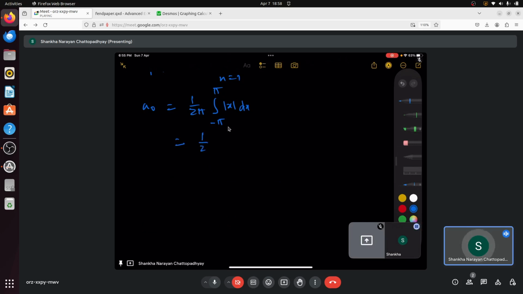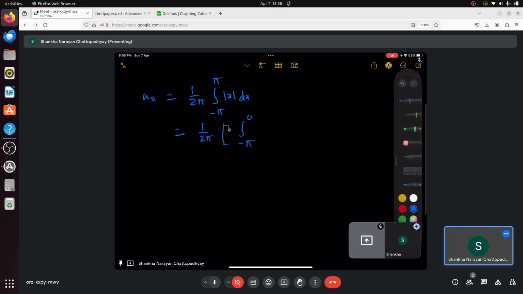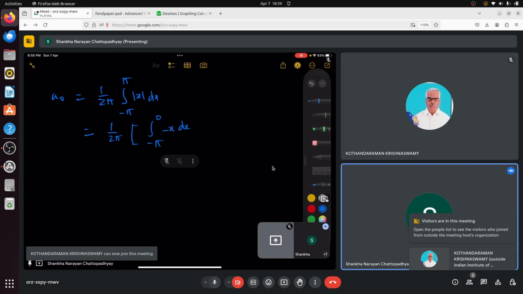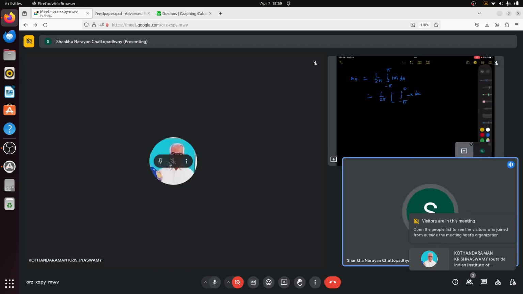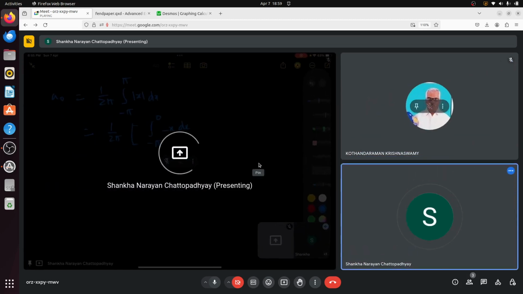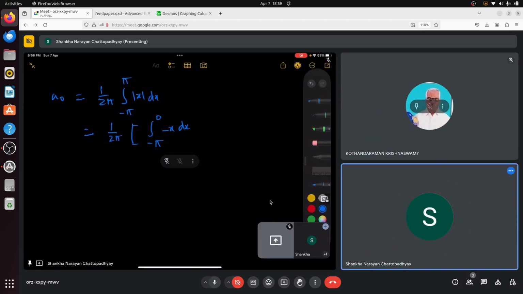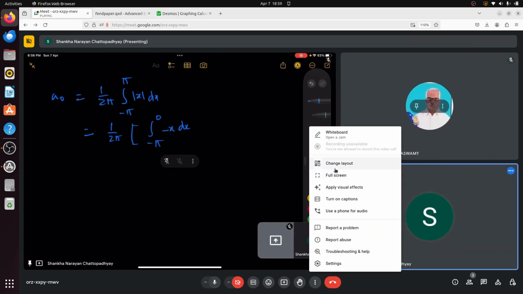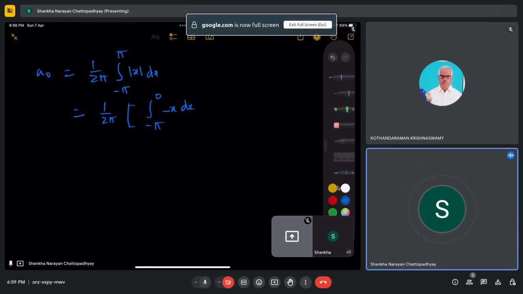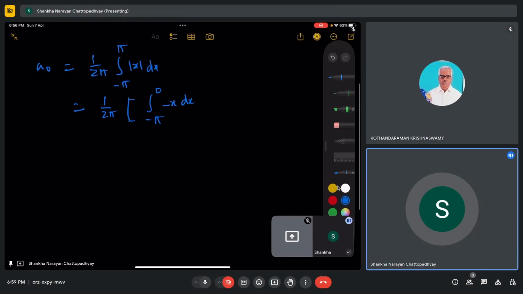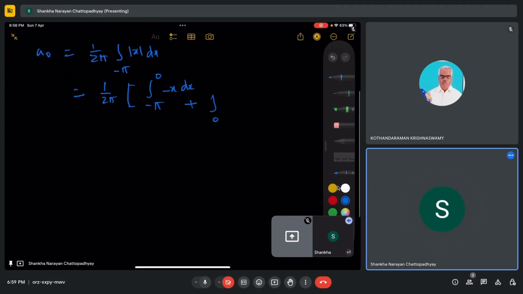So a0 is 1 by 2 pi. You break the integral into two parts: from minus pi to 0, it becomes minus x dx, plus the integral from 0 to pi, where it becomes x dx.